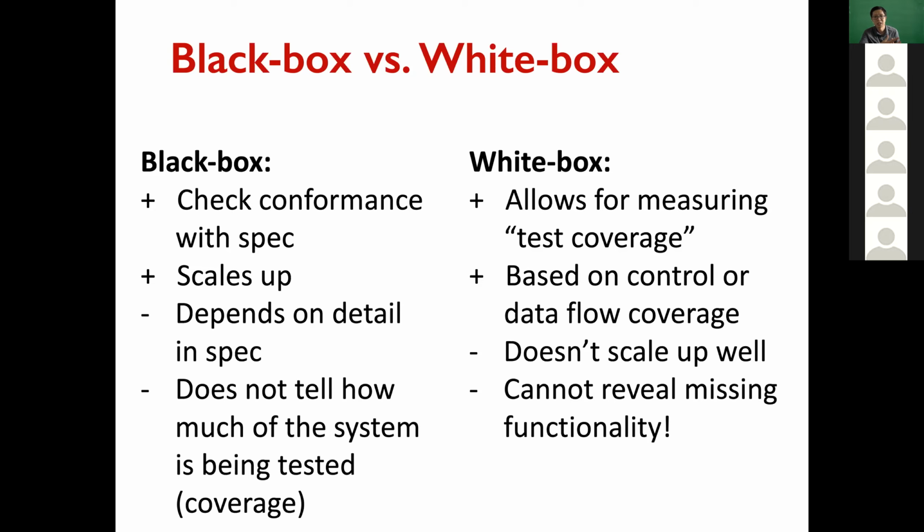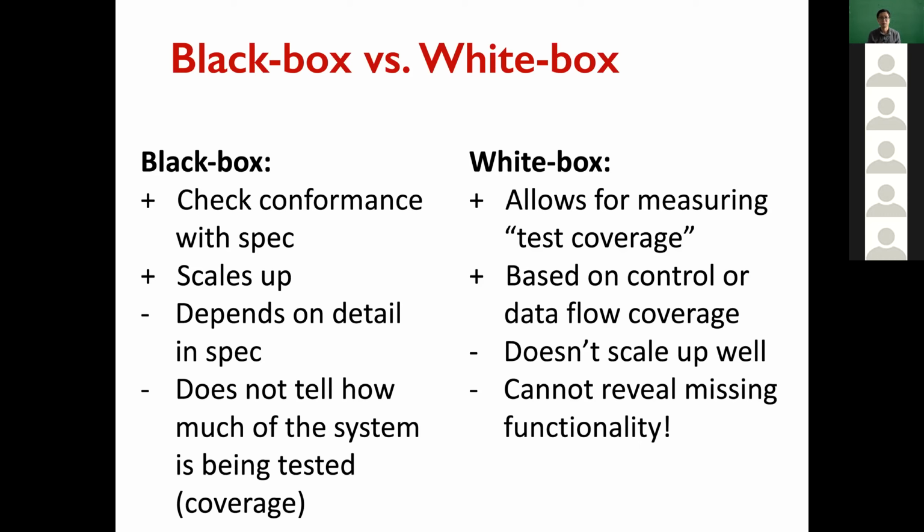But it doesn't scale up well because it's very inefficient to cover all the paths, branches, or lines. And you cannot reveal missing functionality, because if a functionality is not implemented, we cannot discover it by looking at the code, right?